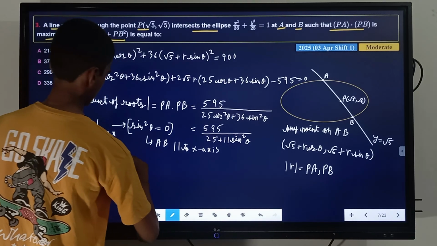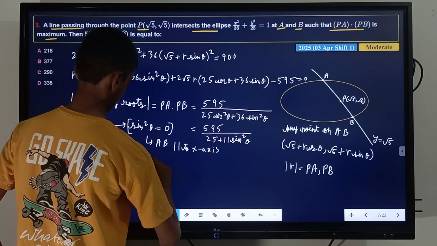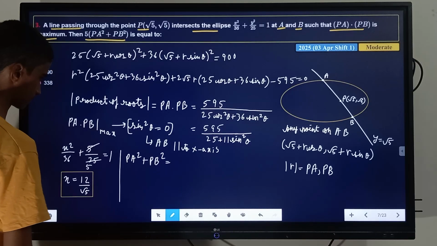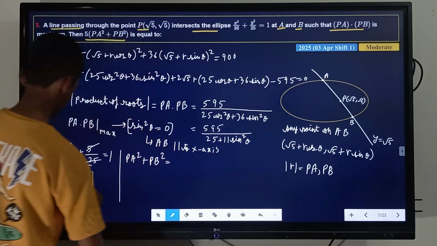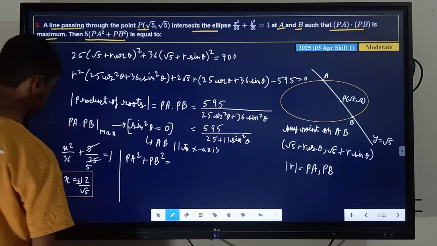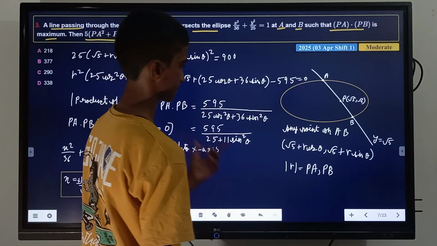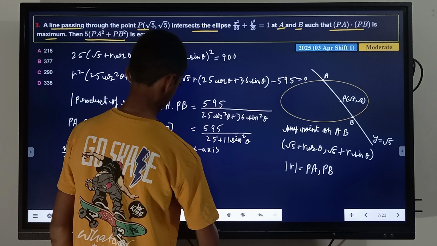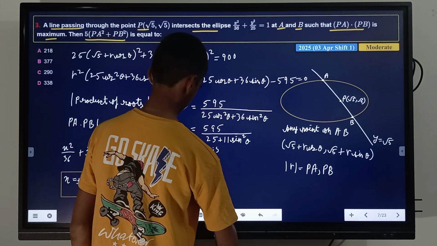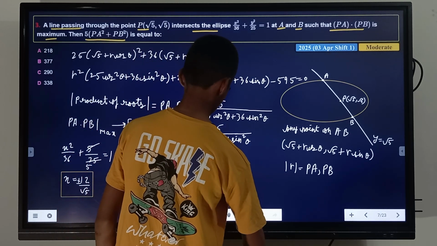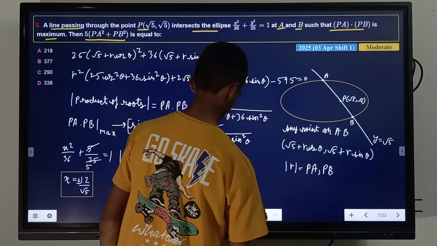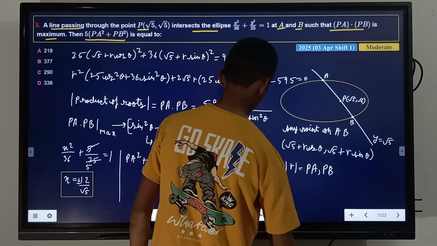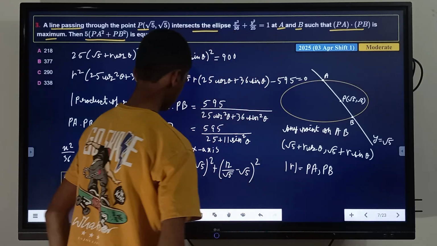So the question asks us about PA square plus PB square. This is plus minus, right? So PA square plus PB square will be equal to (12 upon root 5 plus root 5) whole square plus (12 upon root 5 minus root 5) square.